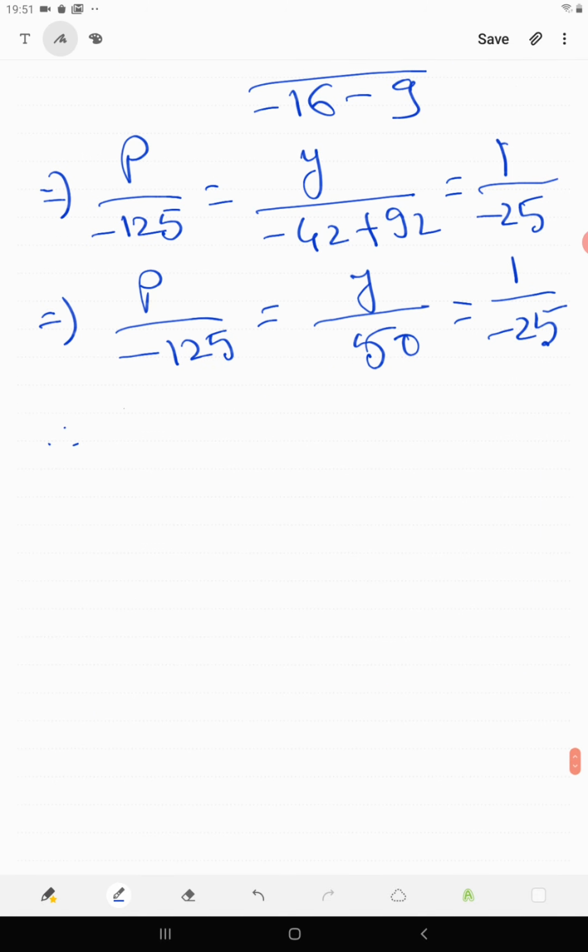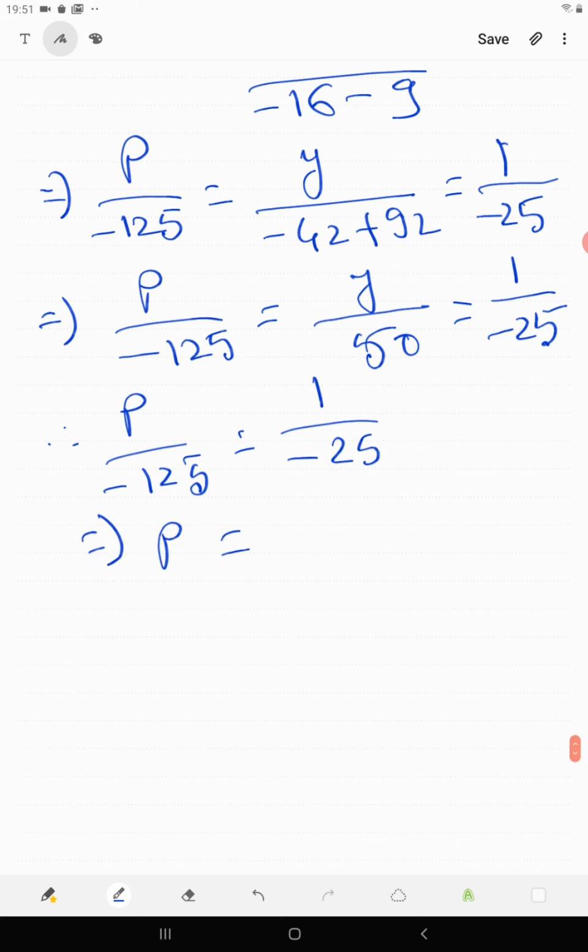So p divided by minus 125 equals 1 by minus 25. This simplifies to p equals minus 125 divided by minus 25, because the denominator on the left becomes the numerator. We are multiplying 1 into minus 125, that is minus 125. So minus minus cancels, 25 times 5, so we got p equals 5.